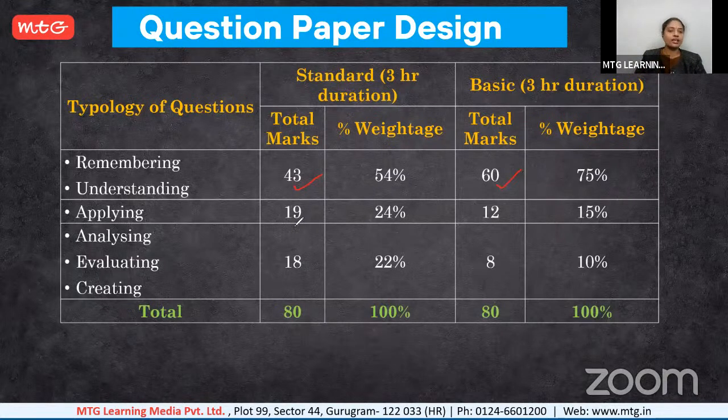This is a cakewalk section for you. And for applying, you just need enough practice, not a lot more. Your efforts are needed to clear these 18 marks in the standard paper and 8 marks in the basic. These are the only categories where you need to work a lot. So let's go deep into that. When we go to the particular chapters, we will study deeper there also. This is how your 80-marks paper is structured.